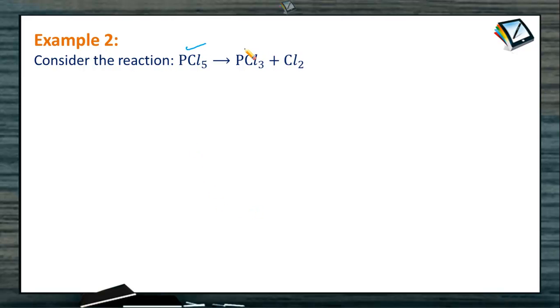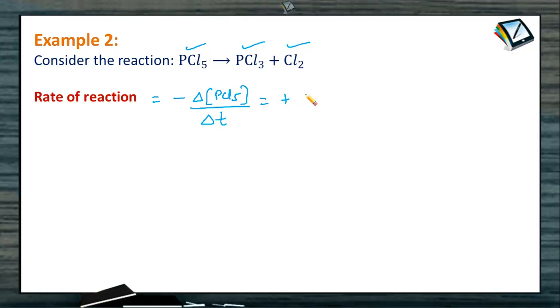Here PCl5 is decomposed in order to give PCl3 and Cl2. So how will we write the rate of reaction for this one? It is like this. Rate of reaction is equal to minus delta concentration of PCl5 upon delta T, equal to plus delta concentration of PCl3 upon delta T, which is equal to plus delta concentration of Cl2 upon delta T. Again, as PCl5 is a reactant, we need to keep a negative sign in front of the reactant as the concentration of the reactant decreases along with the time.